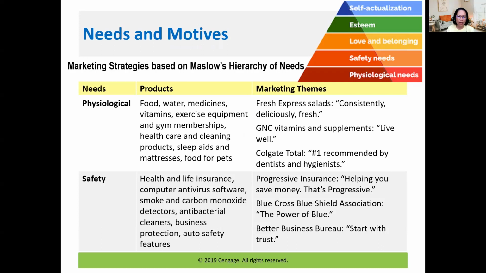For example, marketing themes from an insurance company may say, helping you save money. That's Progressive. Or Blue Cross Blue Shield Association may say, the power of blue. Or Better Business Bureau may say, start with trust. All this connotes safety.